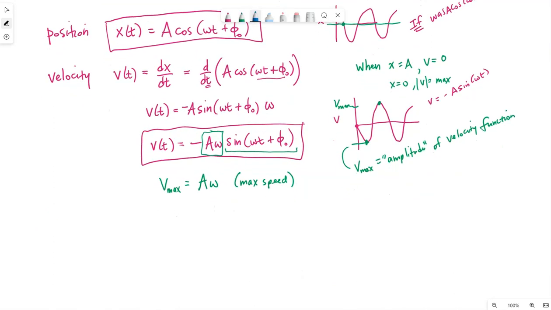All right. Well, if we take the derivative to get to velocity, we can take the derivative of velocity to get to acceleration. So the acceleration of this oscillator as a function of time is going to be the derivative of the velocity function with respect to time.